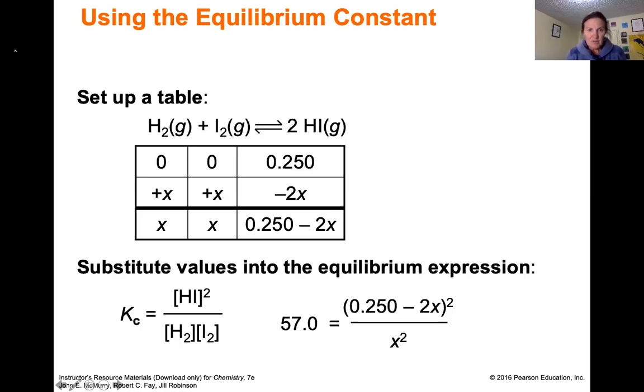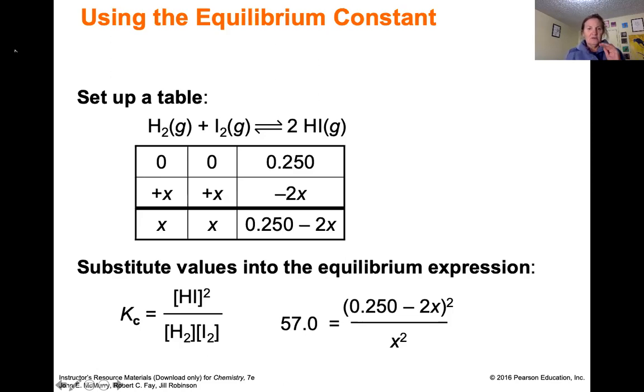So we set up this thing which is called an ICE box. Initially we have 0, 0 for the reactants and 0.250 for the product. As the reaction takes place, for every 1 H2 and 1 I2, we'll call that X, that's formed, you use up 2 HIs.